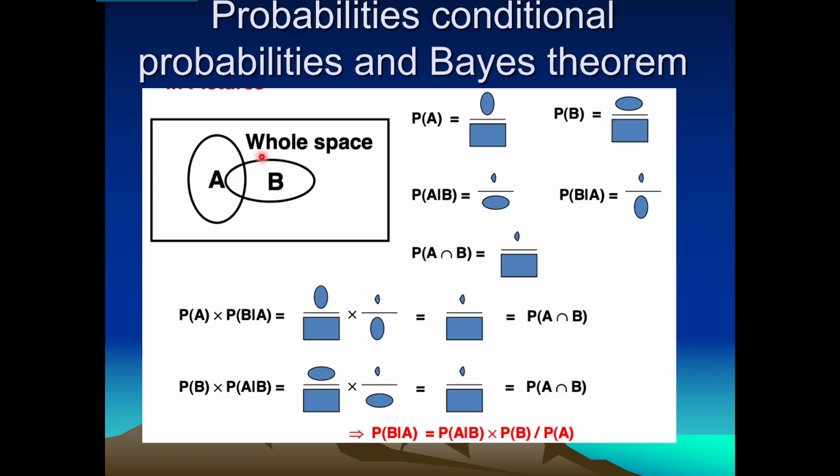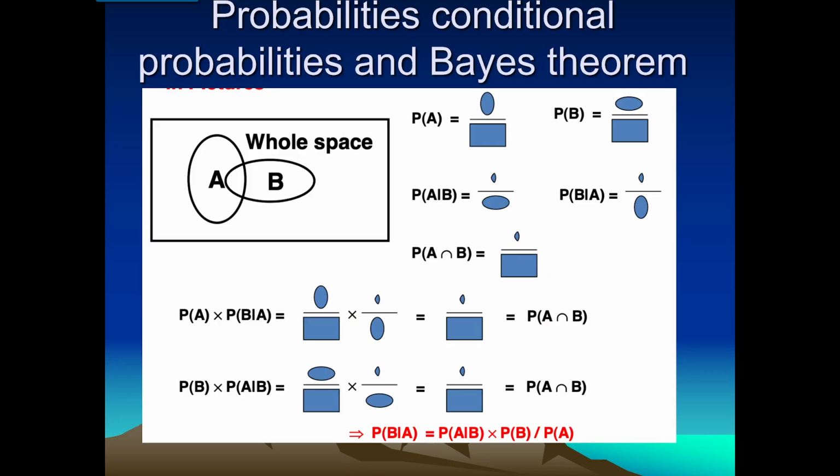On the other end, given B, these are your possible cases, but these are not the favorable cases. The favorable cases are inside this part. Otherwise the probability of B is this area divided by the overall space. That's clear, right?